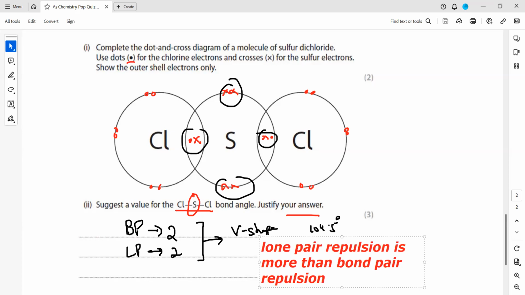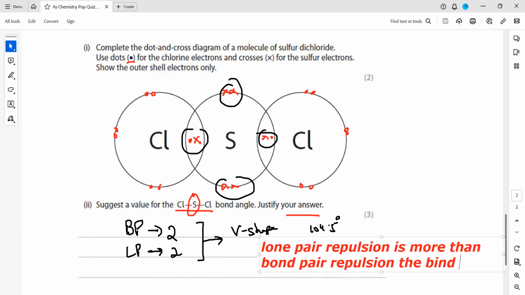When there are lone pairs, they repel more than the bond pairs. As a result, the bond angle will decrease. If all of them were bond pairs, the bond angle would be larger. But because lone pairs are also present, the bond angle decreases.